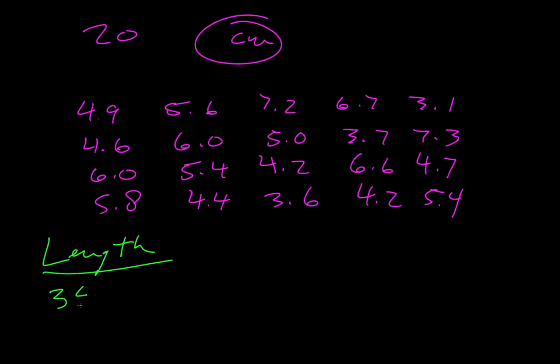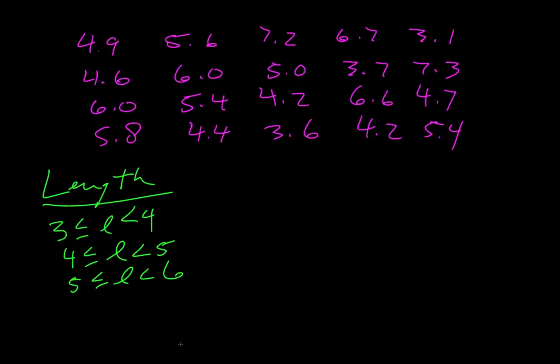So we're going to say 3 is less than L, which is the length, is less than 4. 4 is less than L, which is less than 5. So we're just saying if we're in between these numbers. And then 6 is less than L is less than 7. 7 is less than L is less than 8. Okay. And then we just need to go in the graph and figure out what all these are.